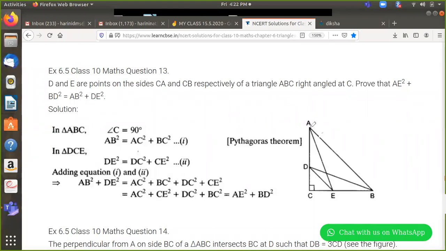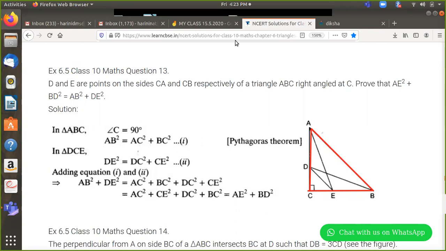So I'm marking that triangle in a different color, that is AB, BC, and then AC. So this is the first triangle which contains AB. It is a right triangle, right angled at C, so AB becomes the hypotenuse. So I can say AB square is equal to AC square plus BC square, which I call equation 1.